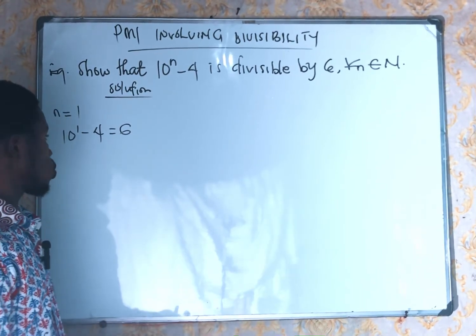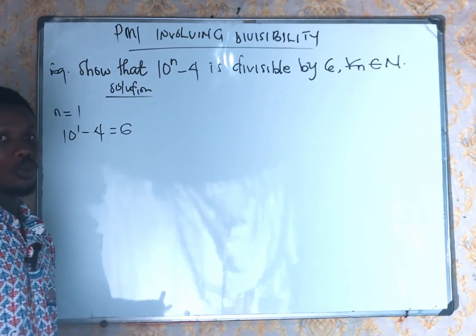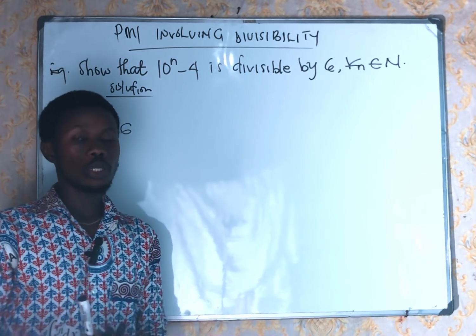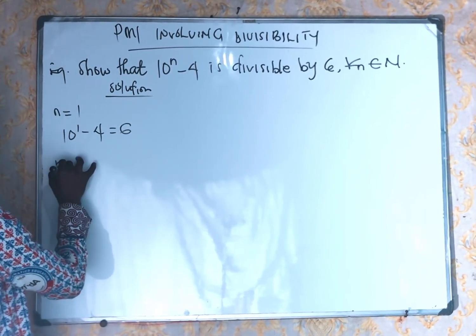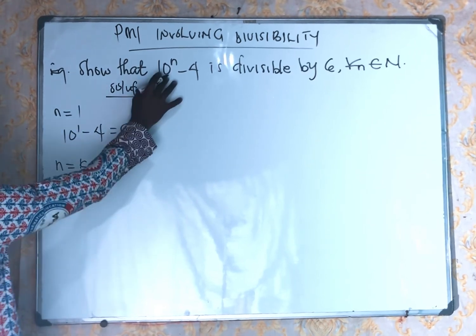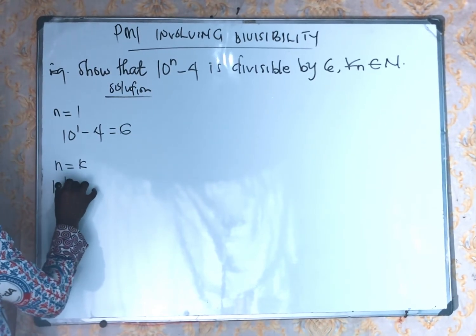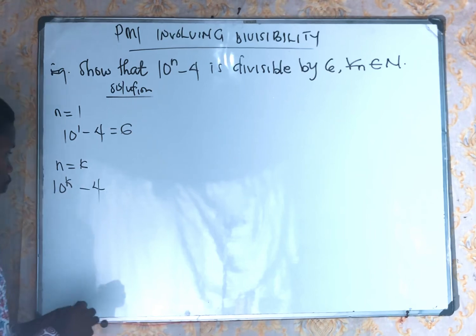So it holds. Now we move on to the next stage, where we assume that n equals k. That's the assumption stage. When n equals k, if I put k, I get 10 to the power k minus 4.